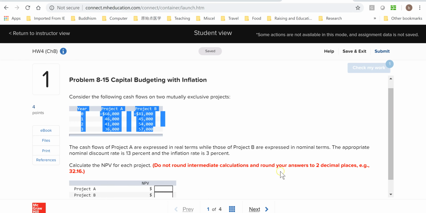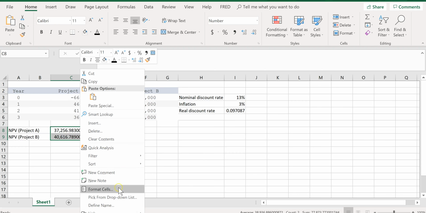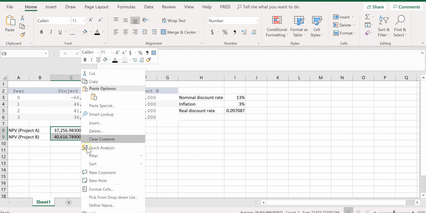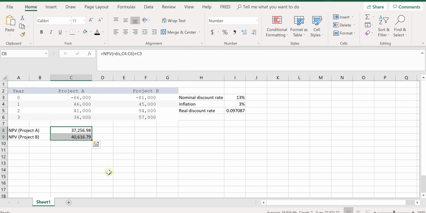Again, we have to follow the rounding requirement. Round your answers to 2 decimal places. So I have to change the format here. Right click on these cells, choose format cells and number, and you can reduce this to keep 2 decimal places.